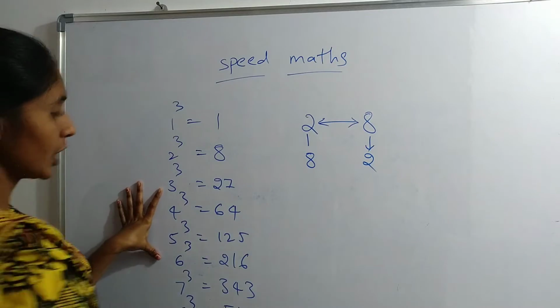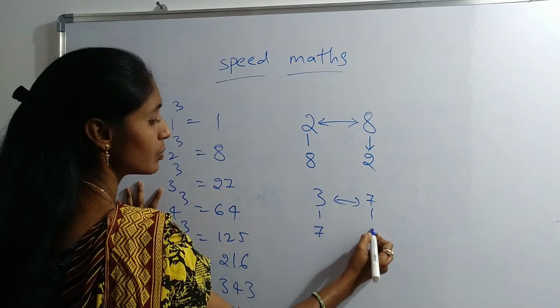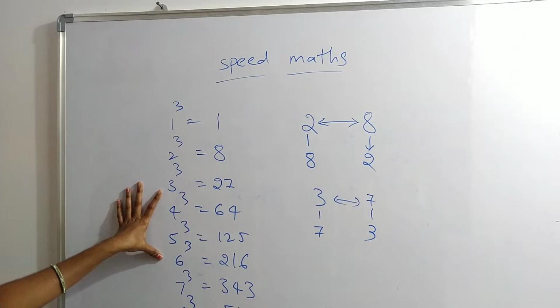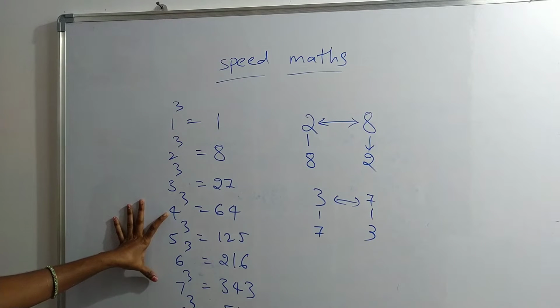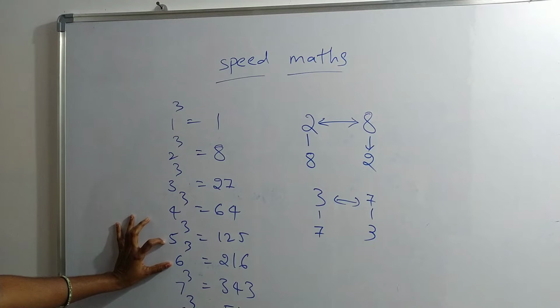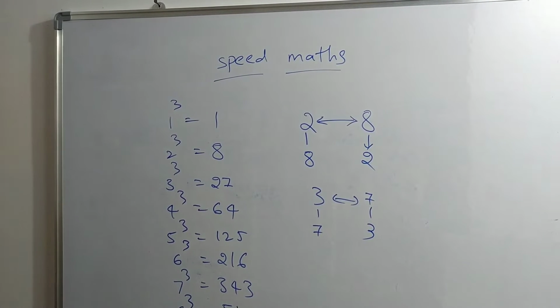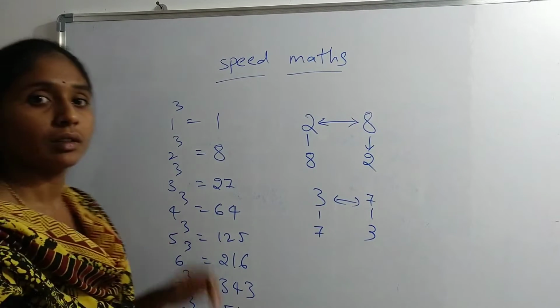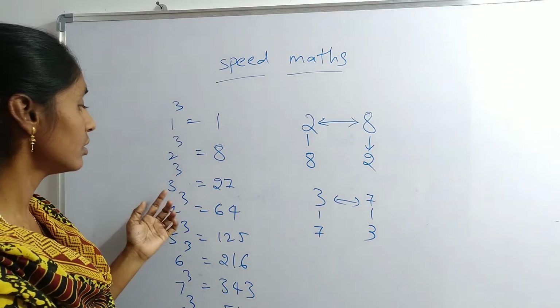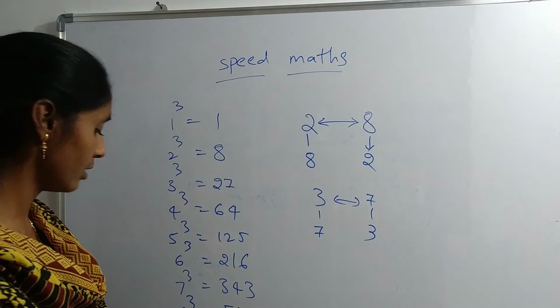Next one, 3 and 7. 3 cube ends with 7 and 7 cube ends with unit place 3. The remaining values are the same: 1 cube ends with 1, 4 cube with 4, 5 with 5, 6 with 6, 9 with 9, 10 with 0.